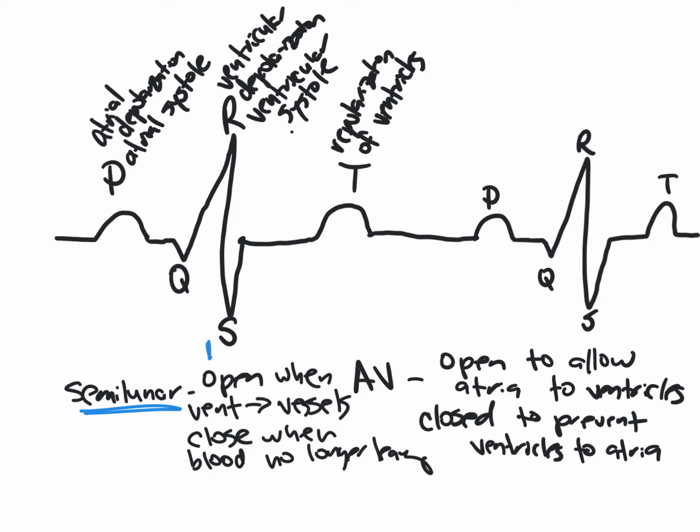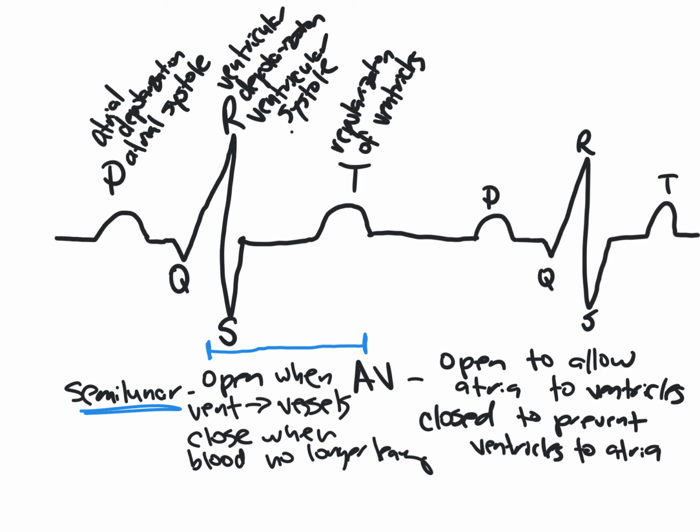Blood is leaving the ventricles here because the pressure in the ventricles that's been generated by contraction of the ventricles is greater than the pressure outside of the ventricles. And so that will continue from the peak of the R wave until the end of ventricular repolarization, when the ventricles are then relaxed again.